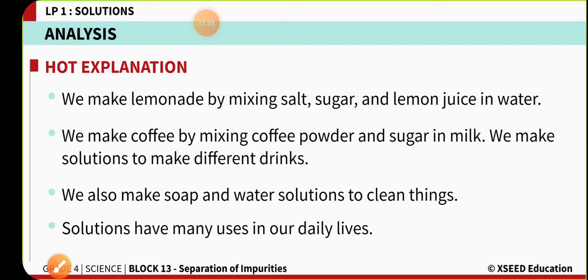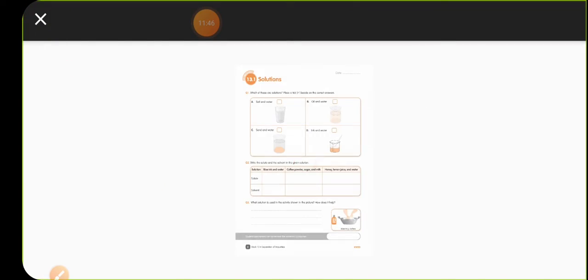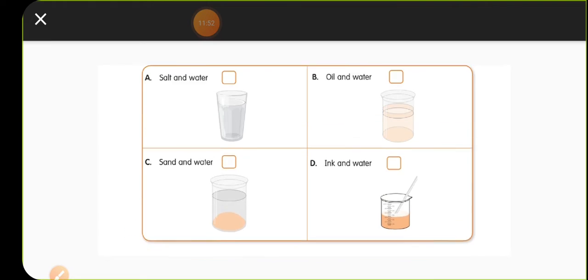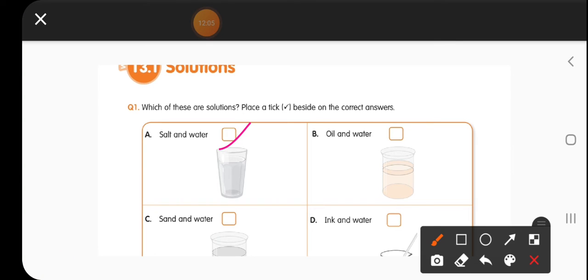So in today's concept we understood what a solute and a solvent are and how to make a solution. Now let us complete the worksheet given in your workbook, page number 32. The first question asks, which of these are solutions? Please tick beside the correct answer. The first one is salt and water, so it will form a solution.